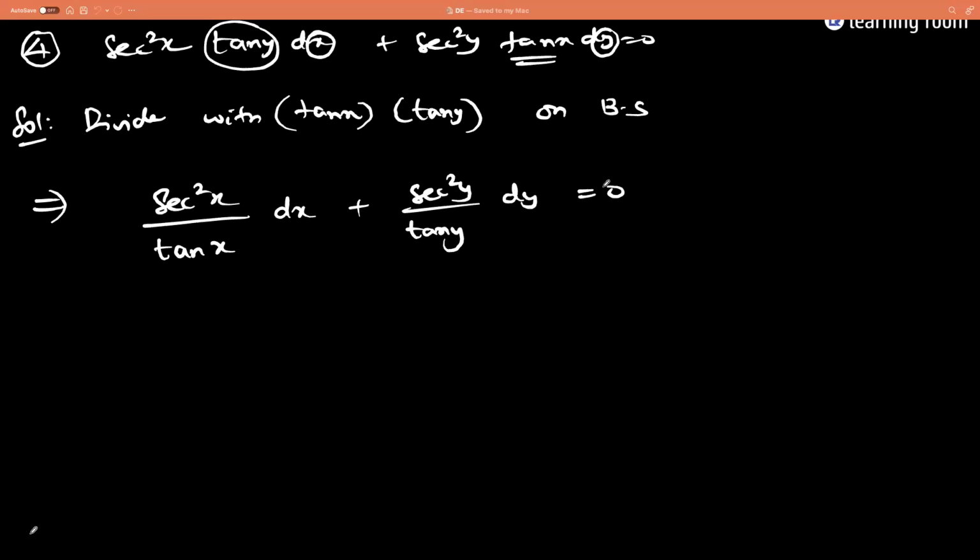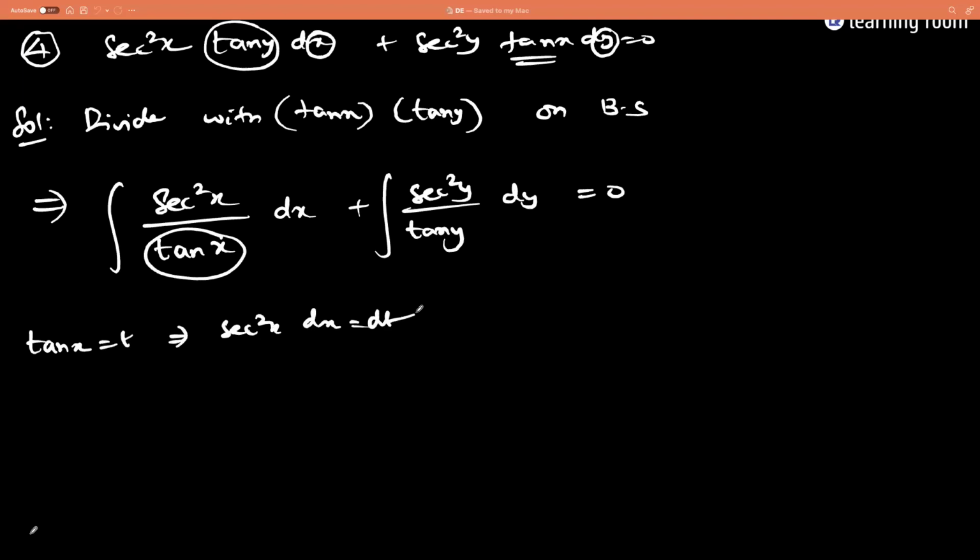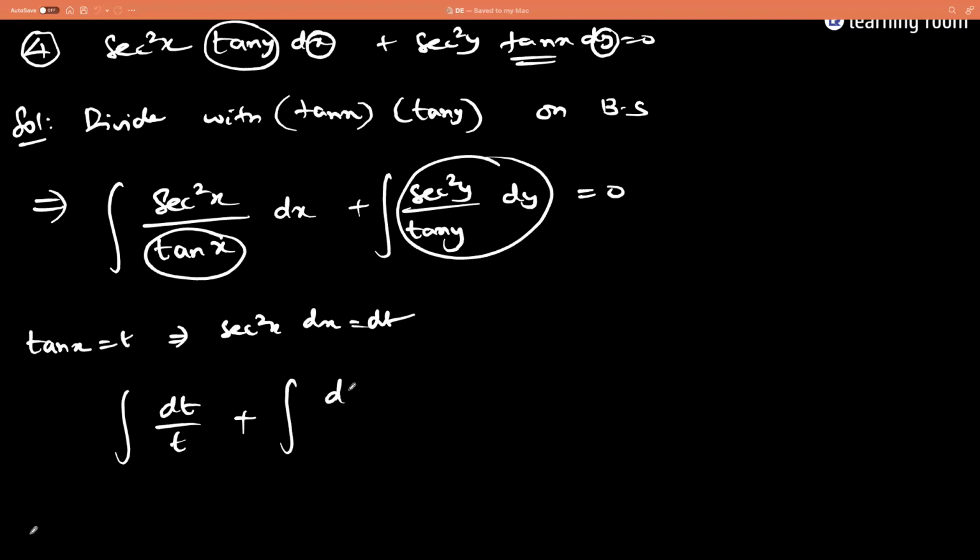Now, if we integrate it, observe, if I put tan x is equal to t here, then I'll get secant square x dx is equal to dt. So it will become integral of dt by t plus integral of dz by z, let's say, is equal to 0, which implies you will get log t plus log z is equal to 0.